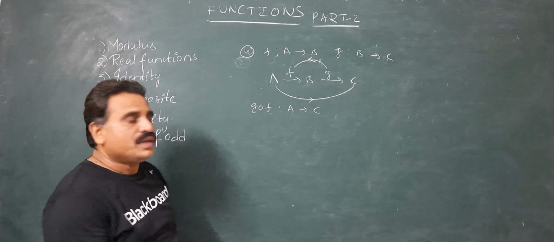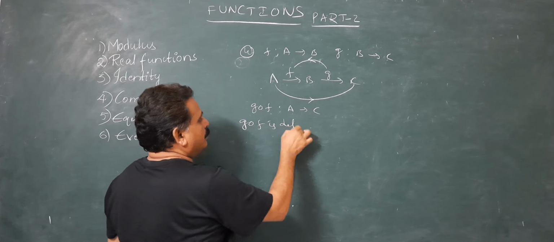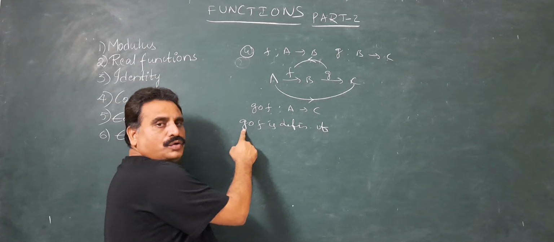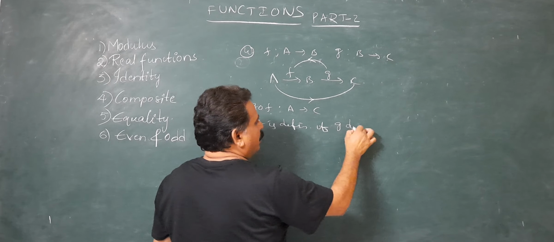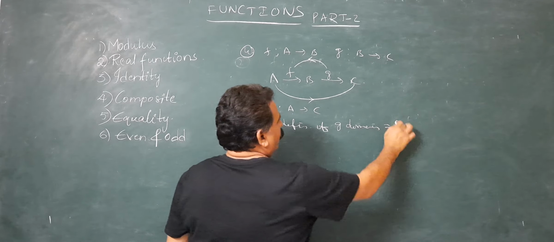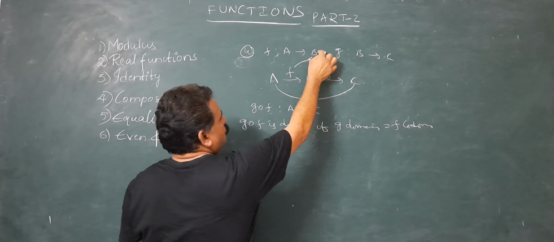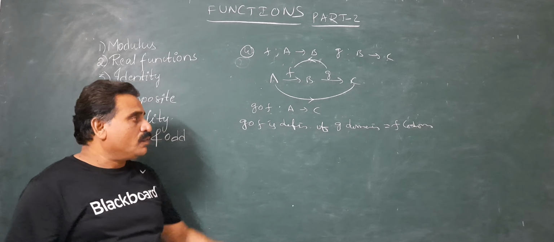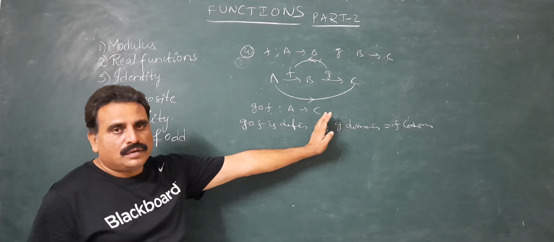G circle F is defined if the domain of G equals the codomain of F. Domain means this, codomain means this. If the domain of G equals the codomain of F, then G circle F is defined.